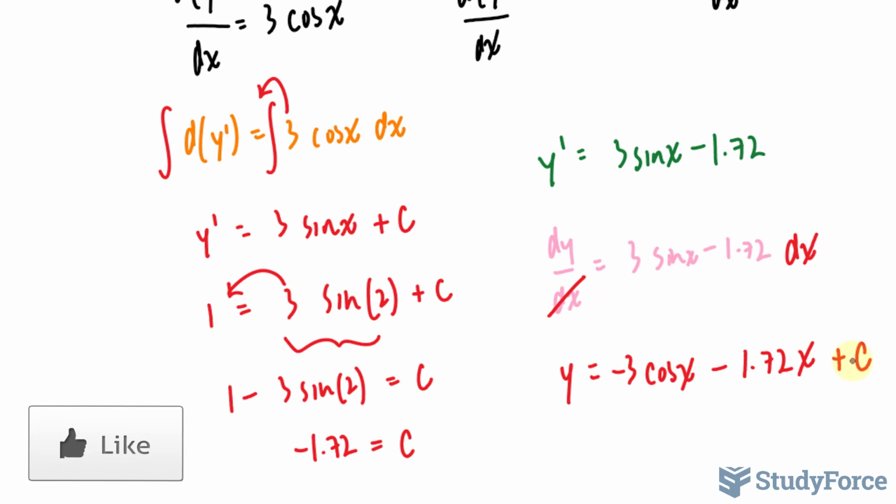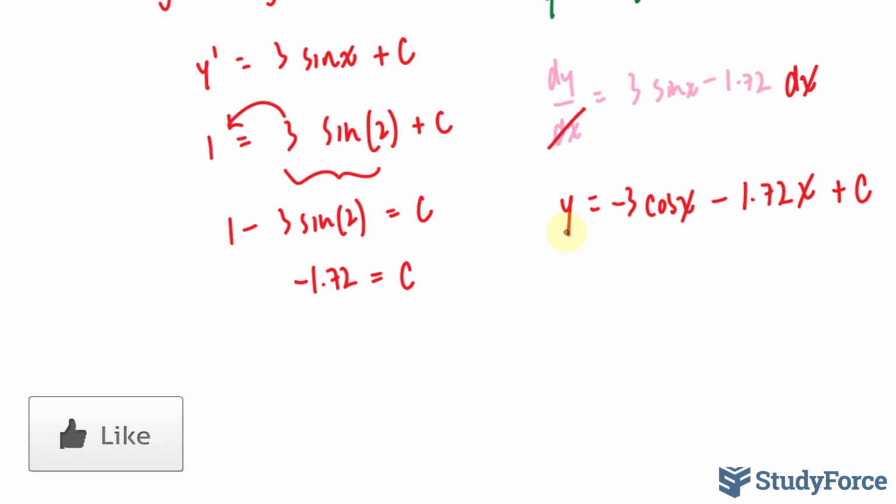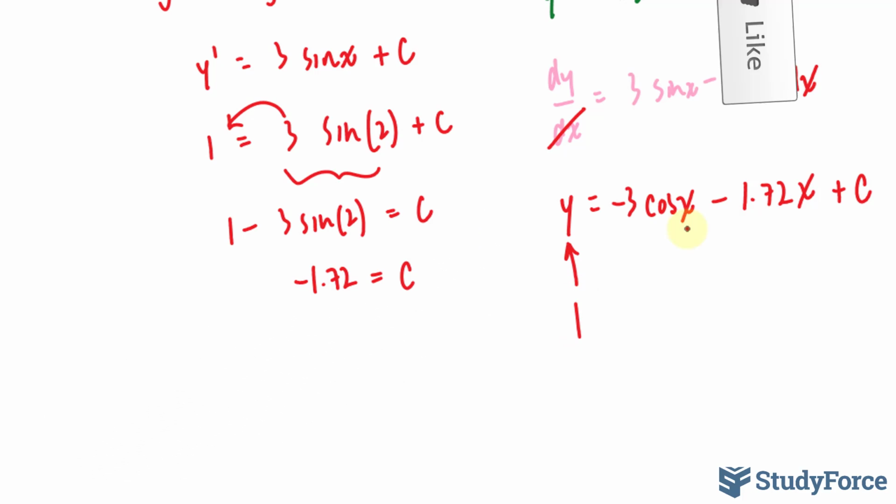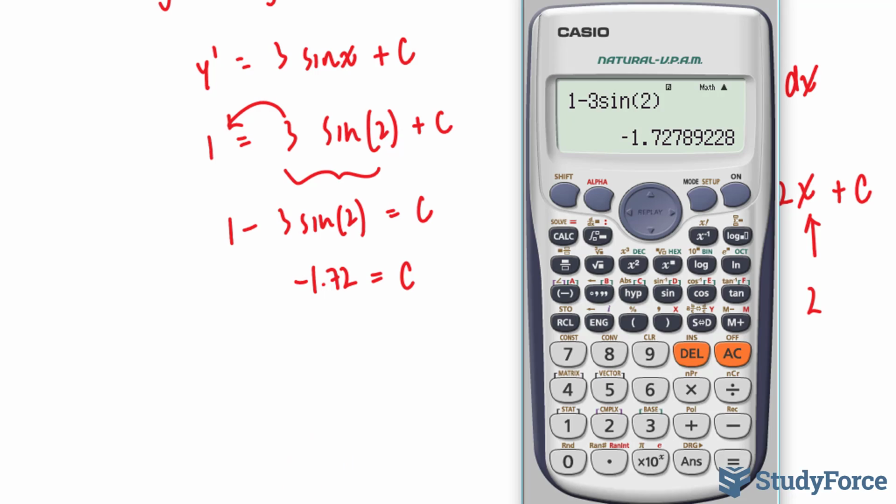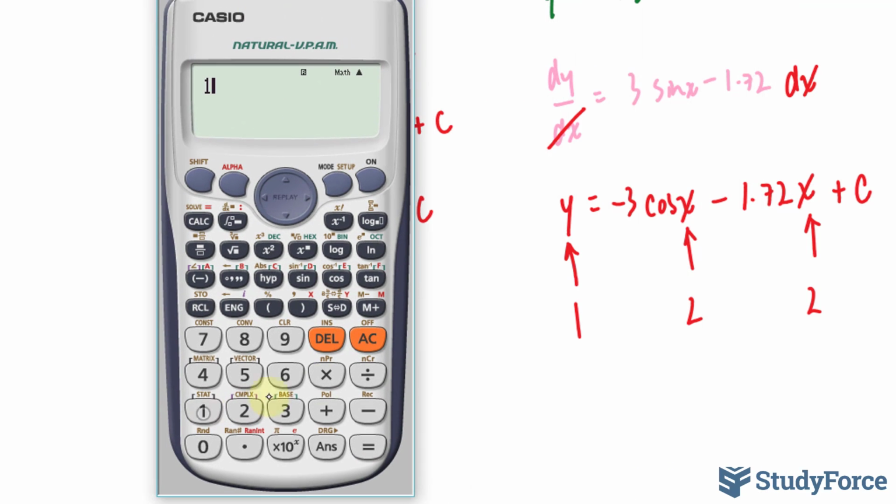Now at the point 2 and 1, we can replace this with 1 and replace these x's with 2. Let's see what happens. We have 1 plus, I'm bringing this term over, notice that it's negative, bringing it over makes it positive, 3 cosine at 2 plus, notice the switch in the symbol here, 1.72 times 2.